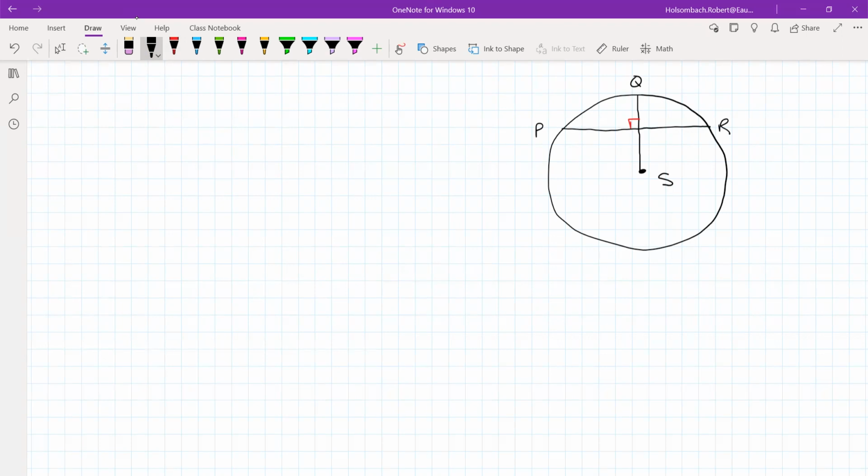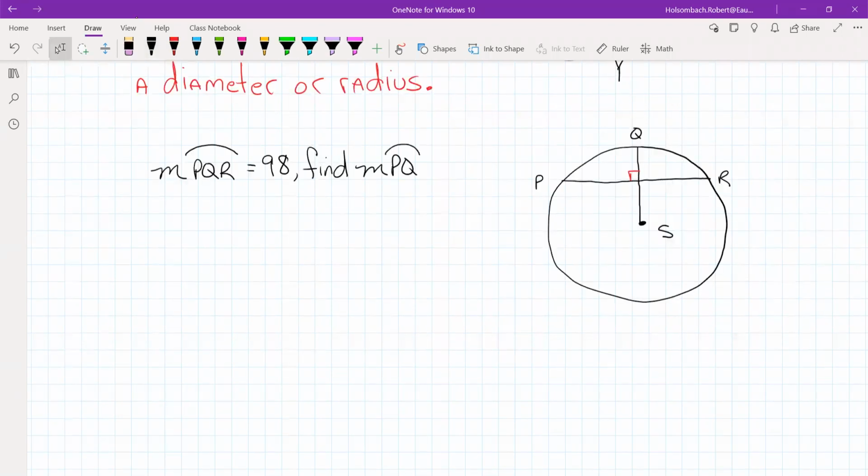So we're told the measure of arc PQR is equal to 98. Find the measure of arc PQ. So here's what they're telling you. Arc PQR, this arc, starting at P through Q, ending at R, is 98 degrees.